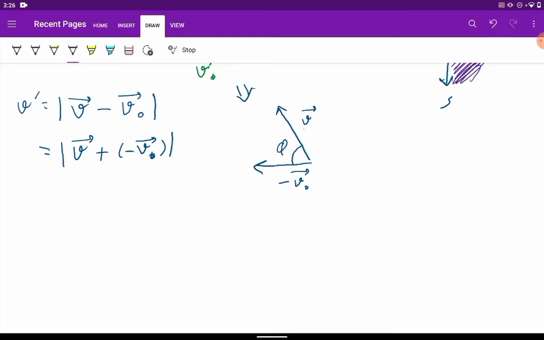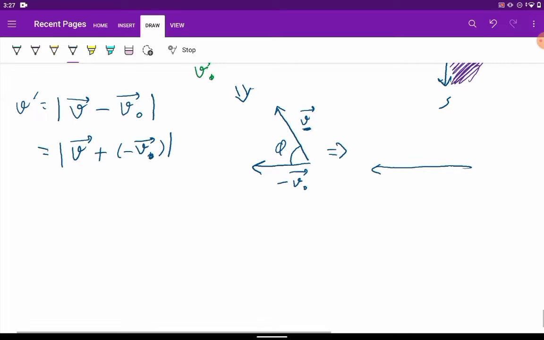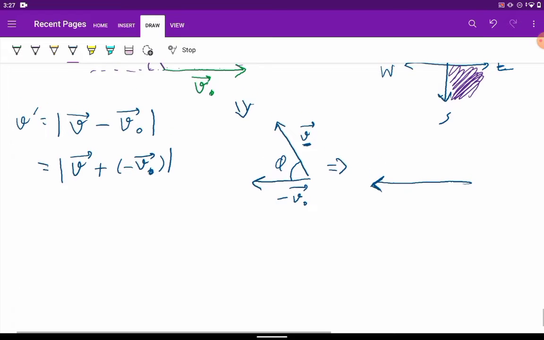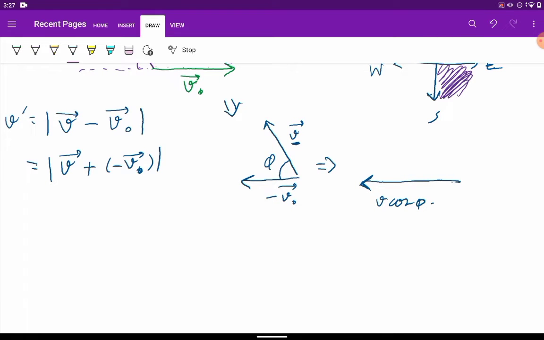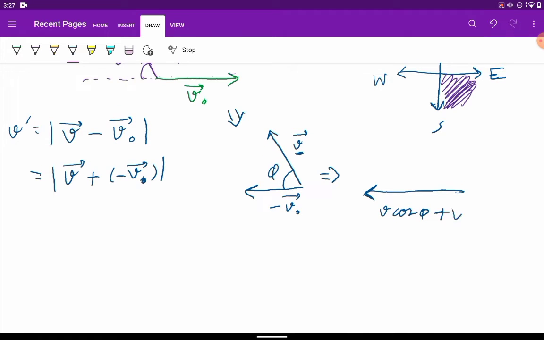So in this direction it is v cos phi, and since minus v naught is in this direction, it will get added up. So it will be plus v naught.